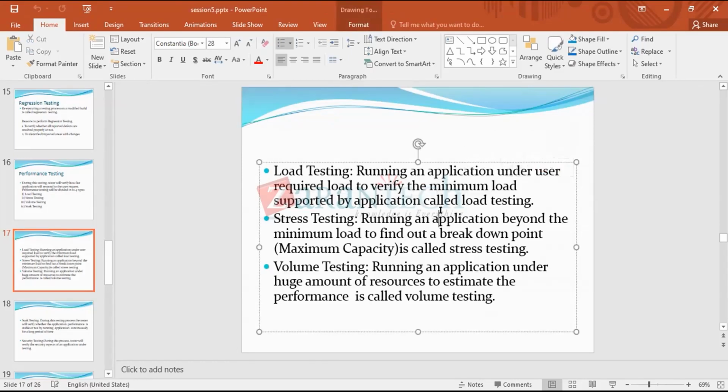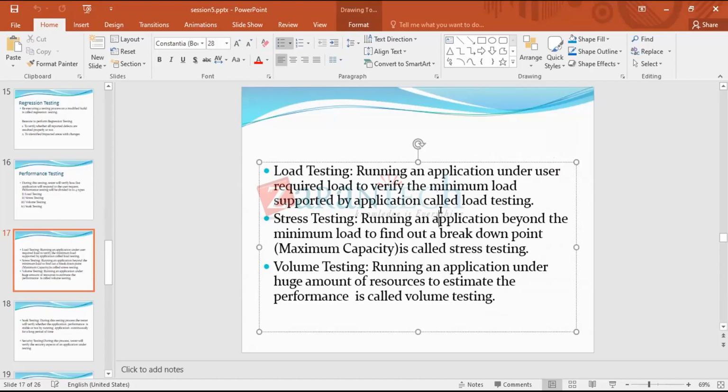Suppose for Anil, some company is preparing one application. I am expecting my application should support 100 members at a time.